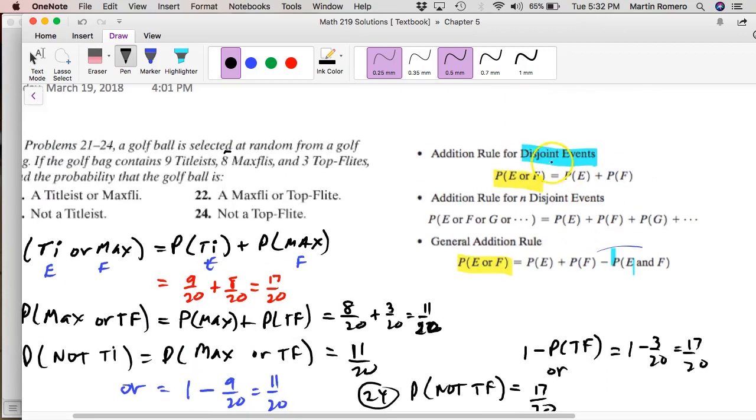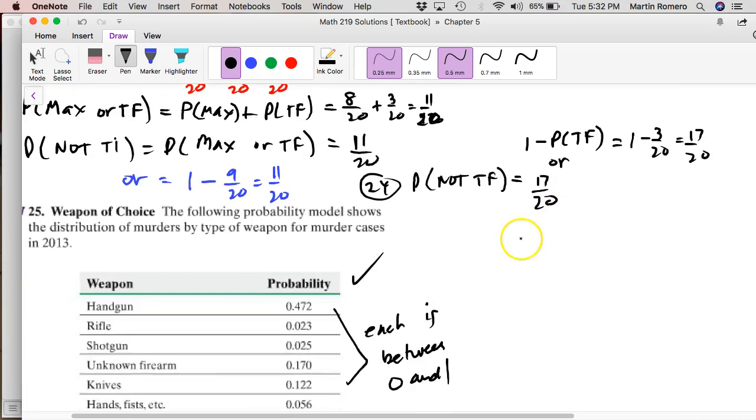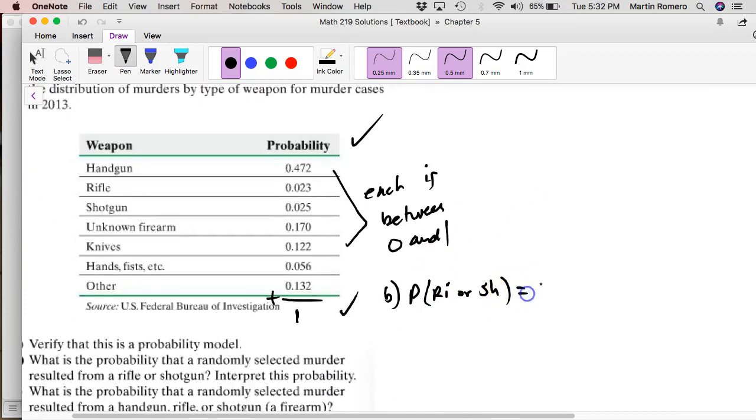So we're going to be using this rule right here. The answer is going to be the probability of the rifle plus the probability of the shotgun. In this case, probability of rifle is 0.023, probability of shotgun is 0.025.